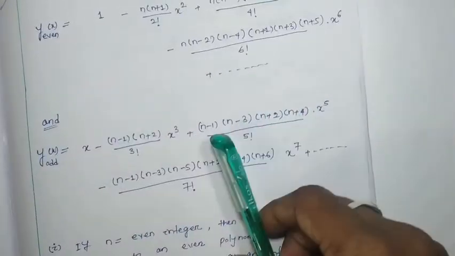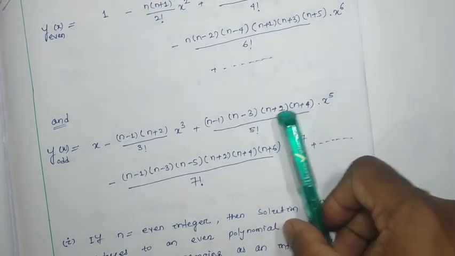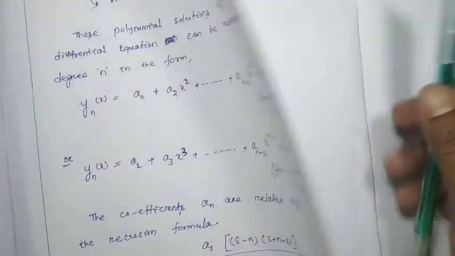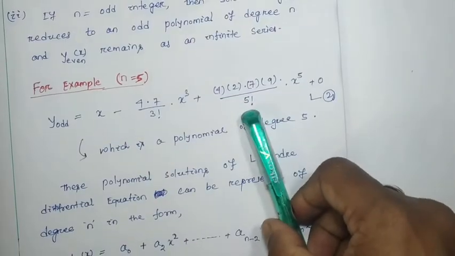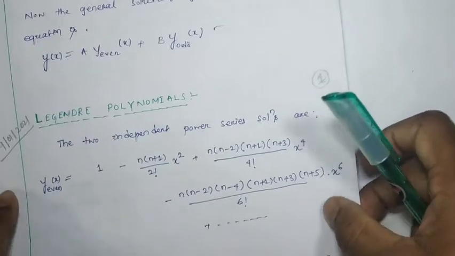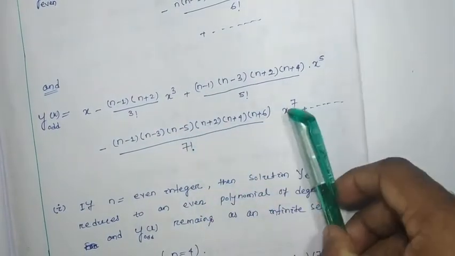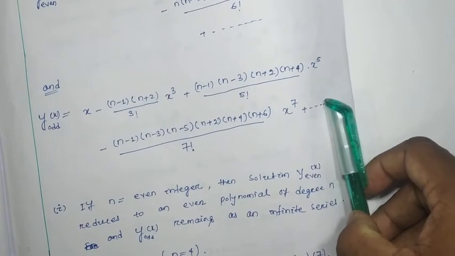Then the second term will be 4 into 2 into 5 into 9 by 5 factorial into x to the power 5 plus 0. Why did I write 0? Because here the term contains n minus 5, and the next terms also will contain n minus 5.